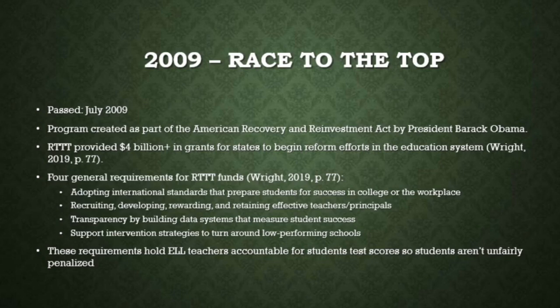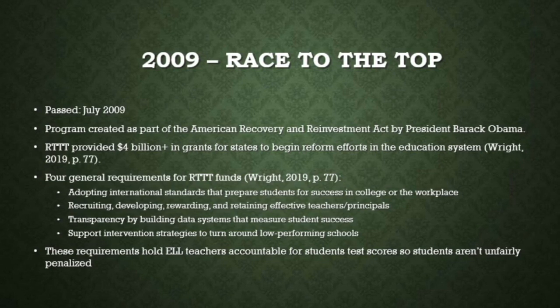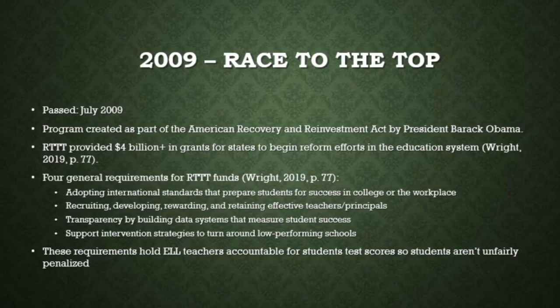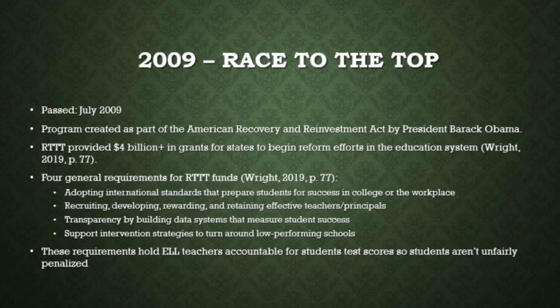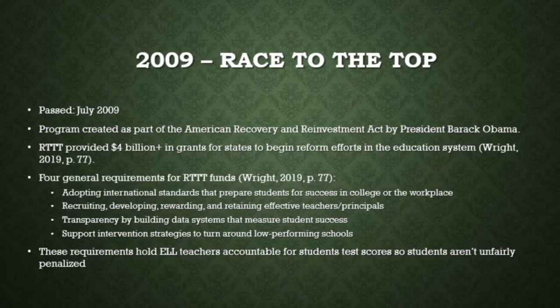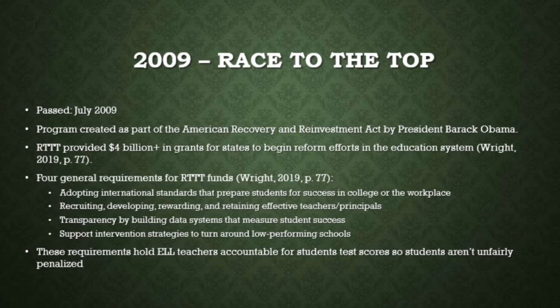There are 4 general requirements for RTTT funds. The first requirement is adopting internationally benchmarked standards that prepare students for success in college and the workplace, and high-quality assessments that are valid and reliable for all students, including English language learners and students with disabilities.